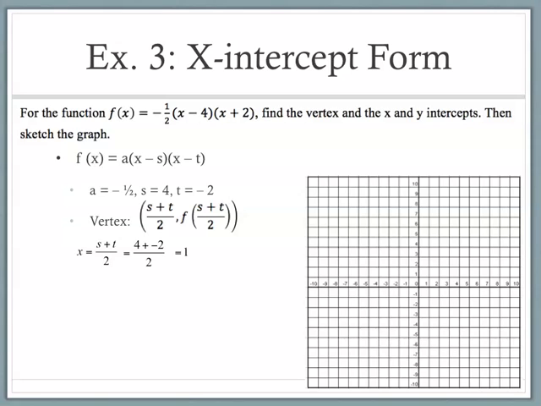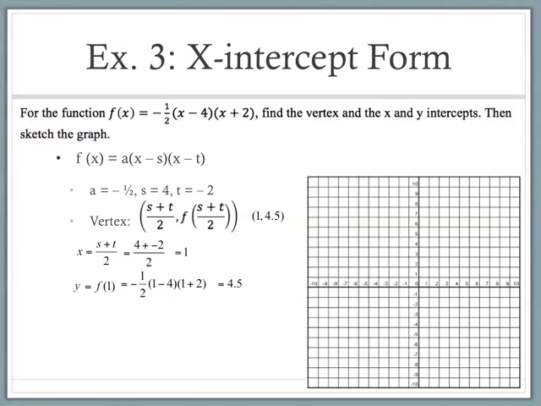And now that we found the x-coordinate, we are going to take that x-coordinate, plug it back into the function. So this would be -1/2 times (1 minus 4) times (1 plus 2). Okay, this ends up being positive 4.5. So your vertex is at 1, 4.5.